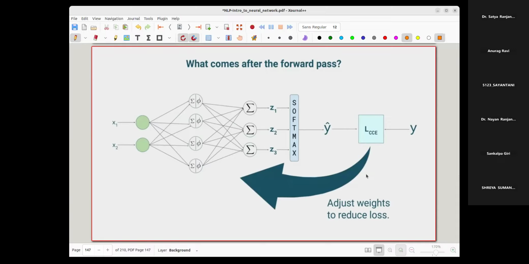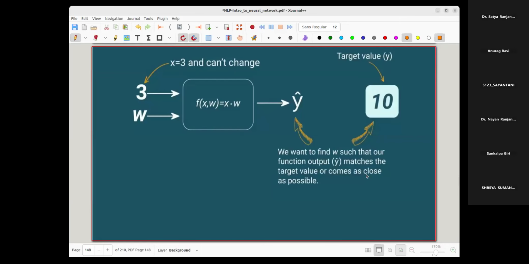That is our objective, and updating W is what we call learning. How will we do that? Let's see. Again we go back to our first function. We have three feature values fixed, W is there, and you get y cap. We want to find W such that the function output y cap matches the target value, or comes as close as possible to it, that is 10 here.